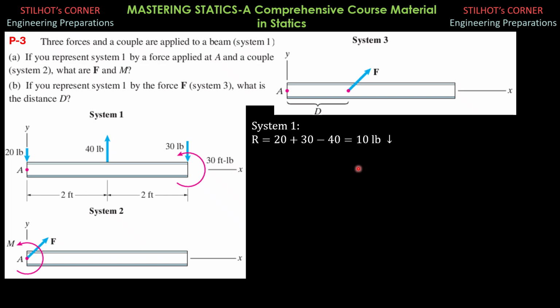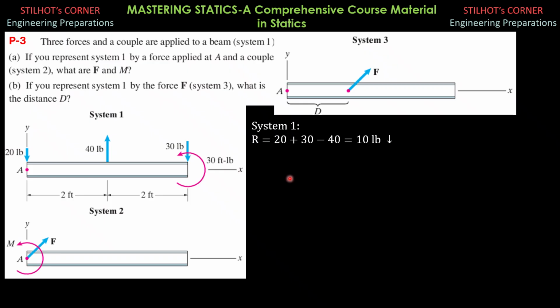Then for the moment about A, again, we consider clockwise as positive. So 30 times 4, which is clockwise, then minus 30, which is counterclockwise, minus the moment of the 40-pound force, which is also counterclockwise, 40 times 2.